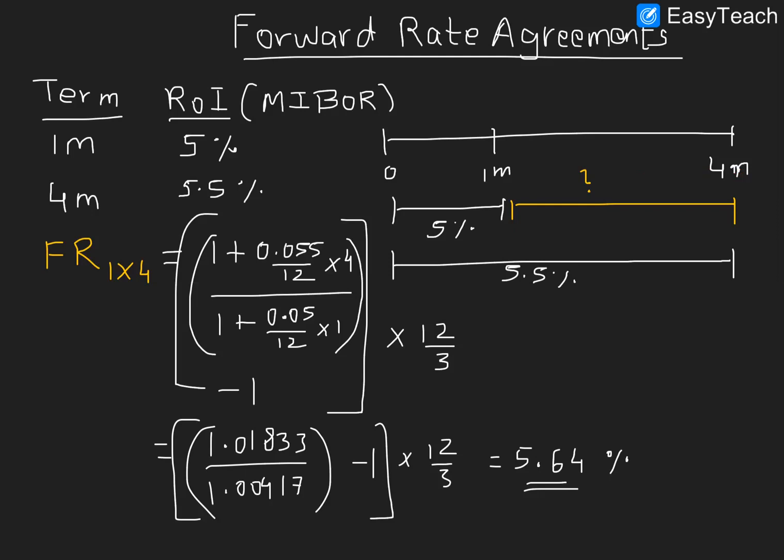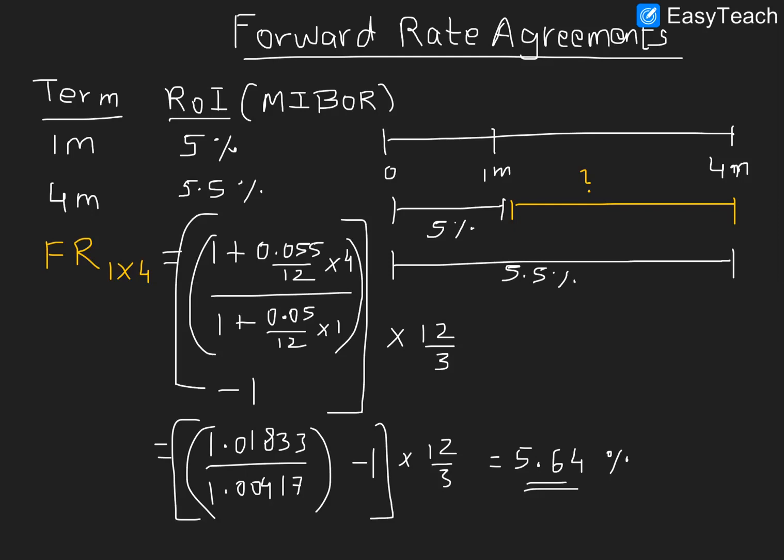So the loan is going to be for a period of 3 months. Then the banker is going to quote us this 5.64% as the rate: if you want a loan, we are ready to offer you a loan after 1 month for a period of 3 months at a rate of 5.64%.